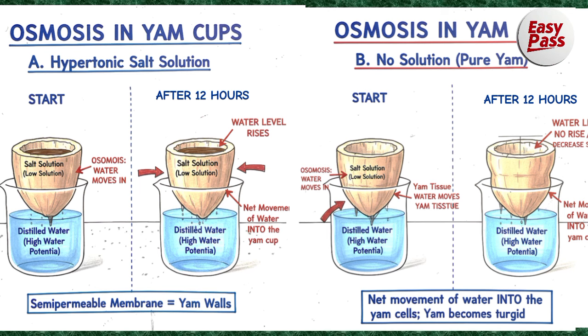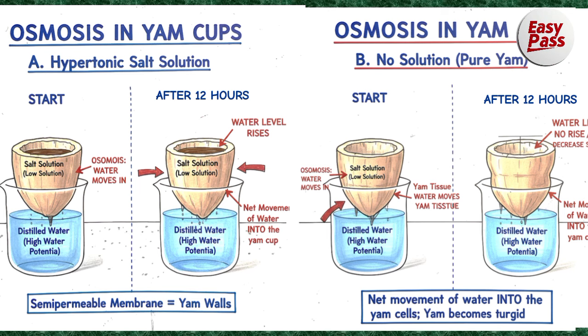Then around the yam tissues, distilled water was placed. This distilled water acts as the hypotonic solution, while the salt solution acts as the hypertonic solution. So we have hypo and we have hyper.